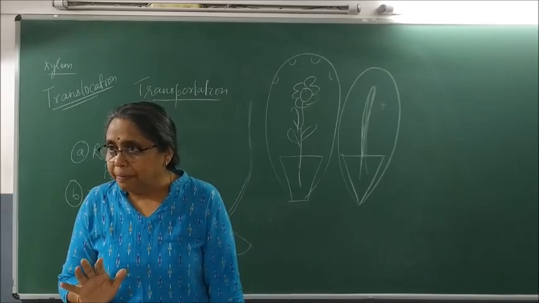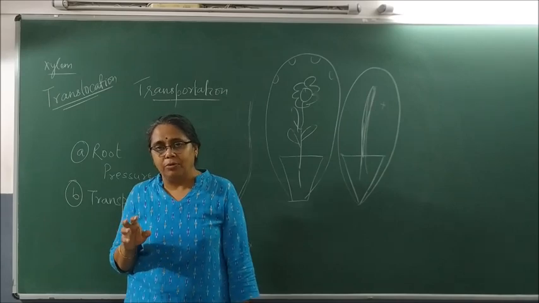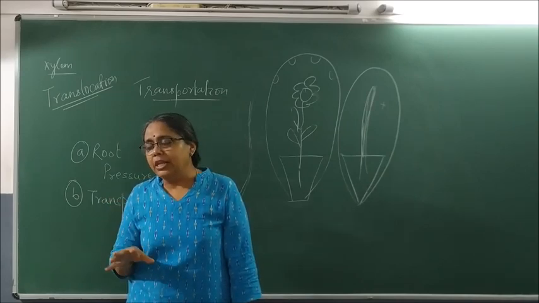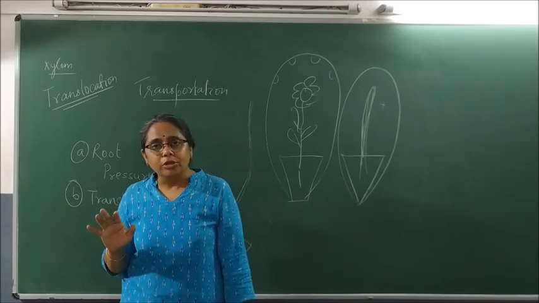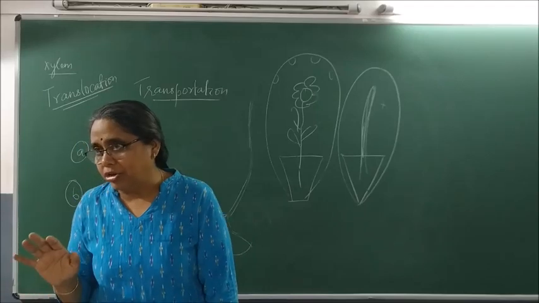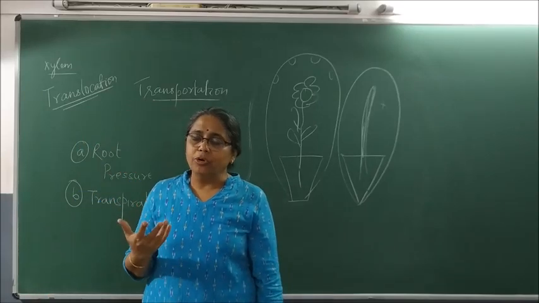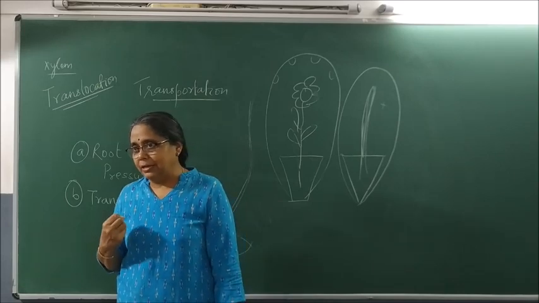Is it clear? The transport of food and other soluble substances like amino acids from the leaf to different parts of the plant is done by phloem. This process of transportation of food is called as what? Translocation. How does phloem transport? It basically uses energy in the form of ATP.